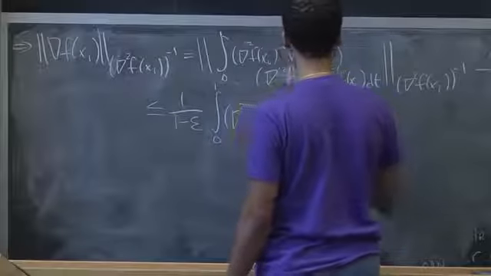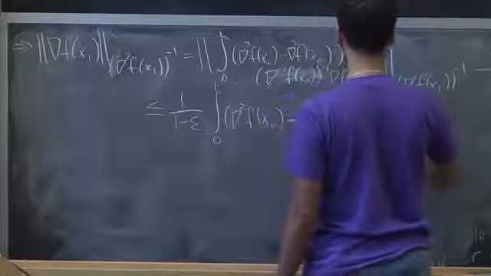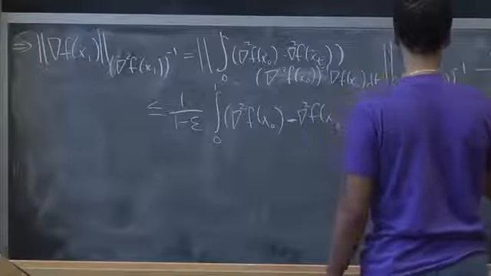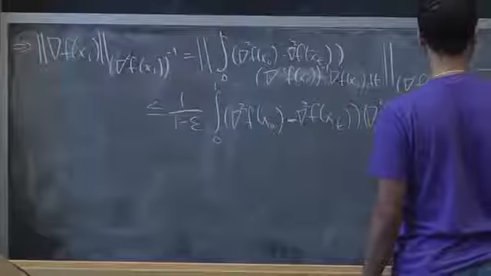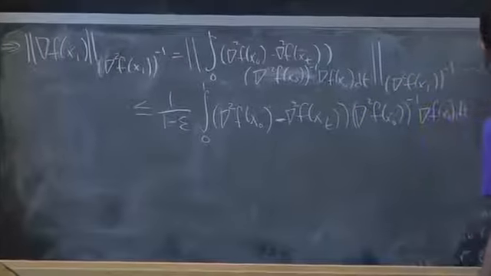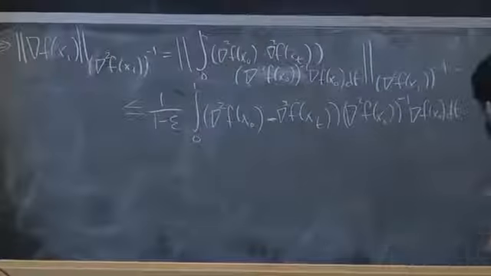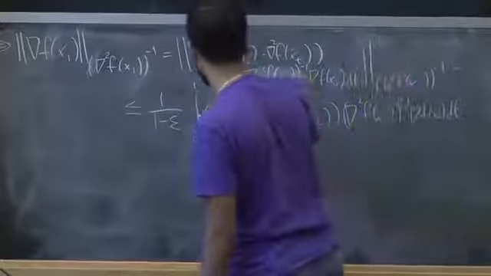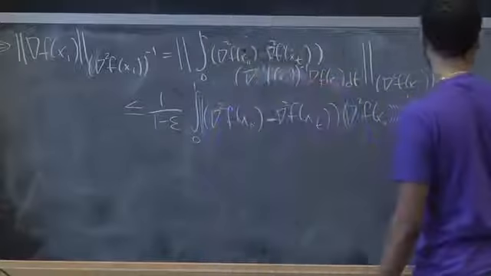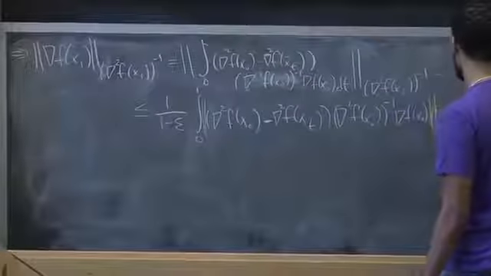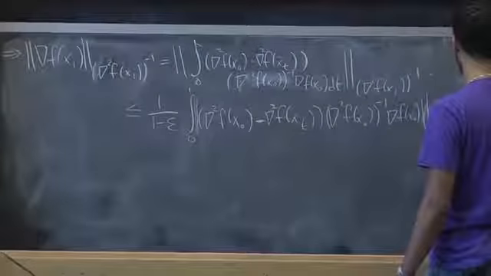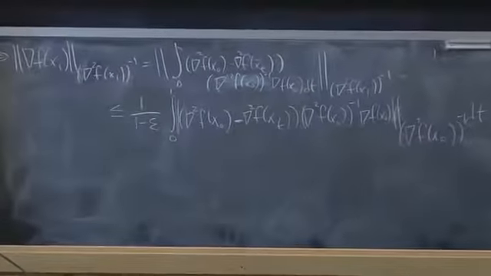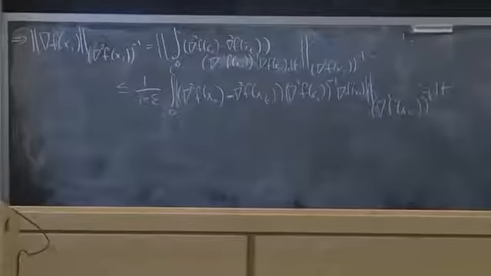This is a minus sign, sorry. Hessian inverse at x0, the gradient at x0, dt. And then I brought the norm on the inside with respect to x0 now.